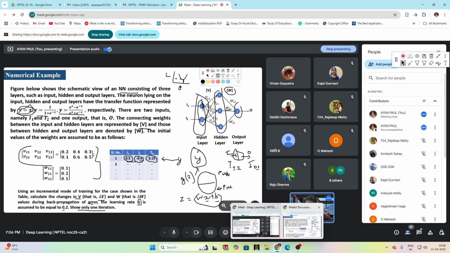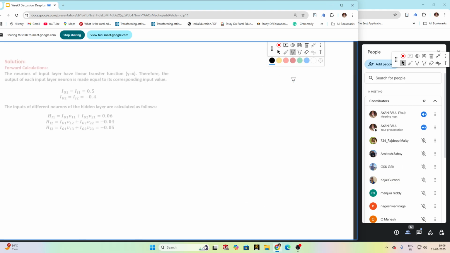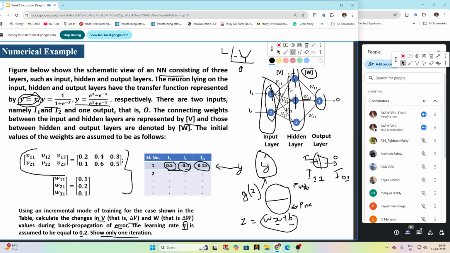Okay. In the second layer, the hidden layer, again we have to divide our neuron into two parts. For this neuron, this has been represented by H. So one part will be called HI1 and the other part will be called HO1.